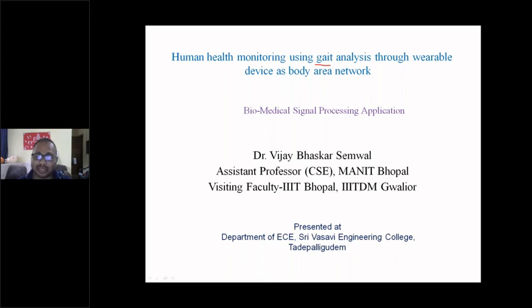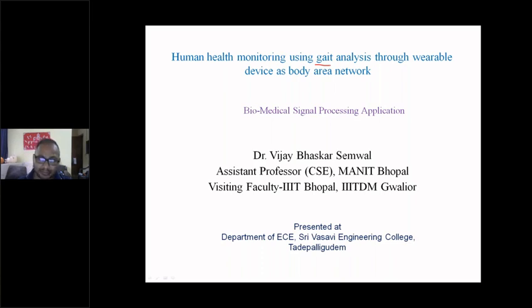If a neurological disorder is going to occur, or after a stroke, when a person suffers with their walking pattern or freezing of gait, such kinds of disease we can identify. We can even monitor whether some abnormality is going to develop in the future, by assessing your walking pattern.